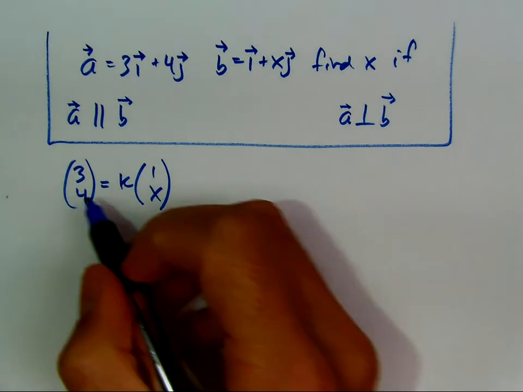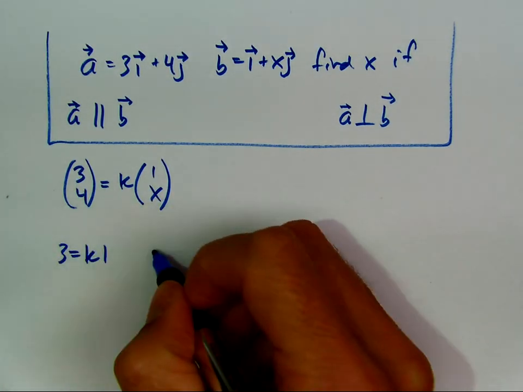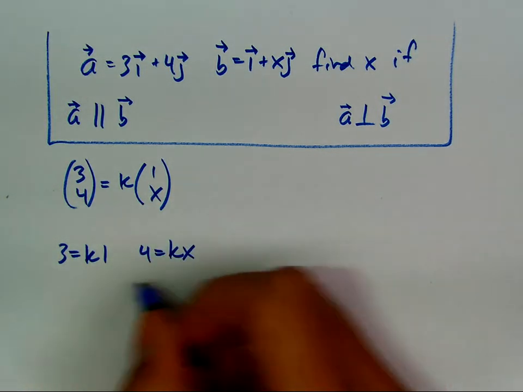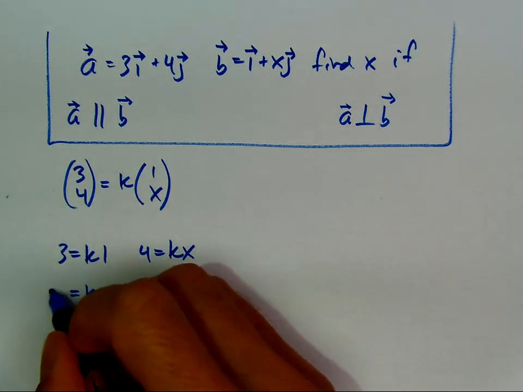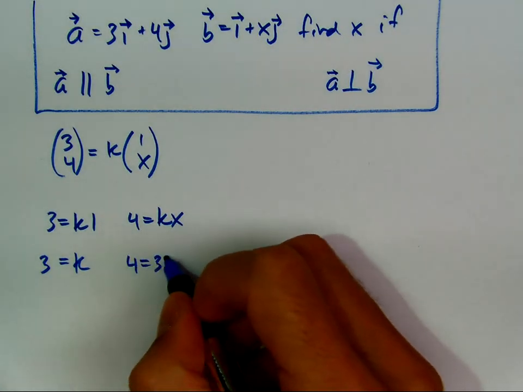That means 3 has to equal k times 1, and also 4 has to equal k times x. So we can use this one to solve for k, and then substitute that to solve for x.